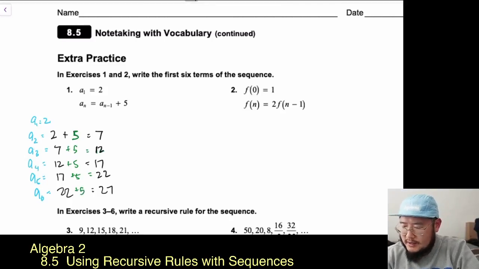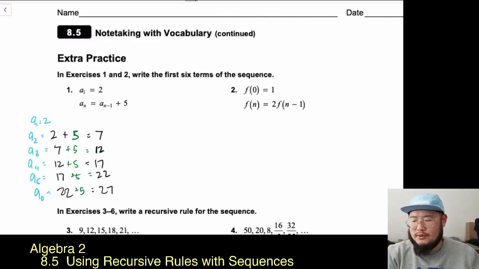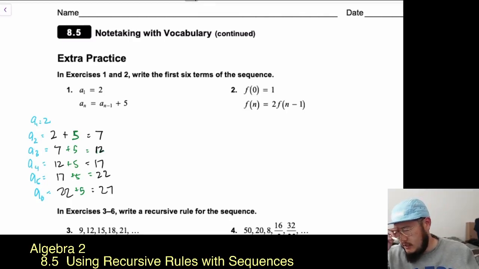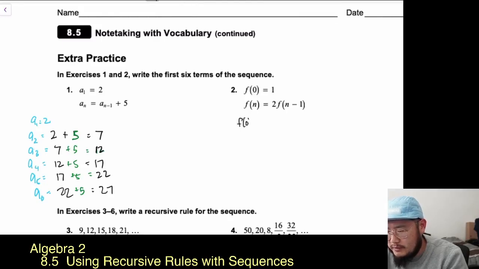Next up, let's take a look at number 2. They get a little more complicated because in the rule, they've got 2 times the function of the previous term, n minus 1. So let's get started. I'll start with f of 0. That's going to be 1.